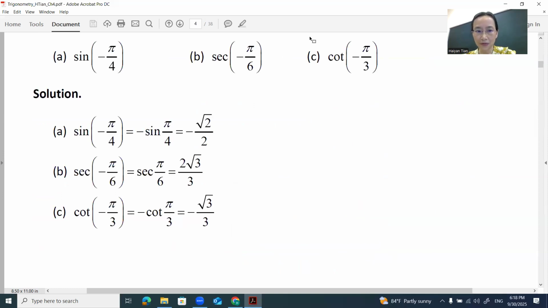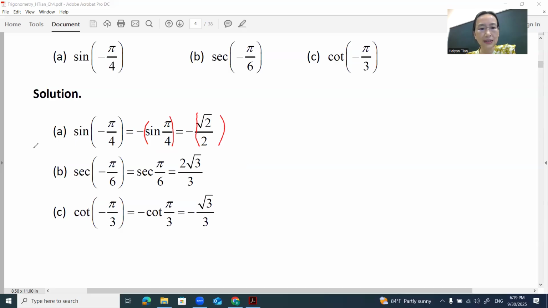And they are very useful, because if you remember which one is even and which one is odd, then for example, the sine at negative pi over 4, because the sine is odd, immediately you can put the negative outside of the sine function. So it's a negative sine of pi over 4. This pi over 4, we know it's a special angle. So sine pi over 4, we know it is square root of 2 over 2.